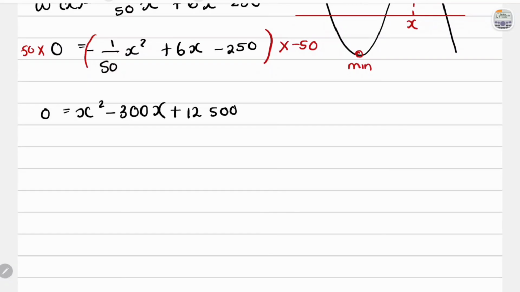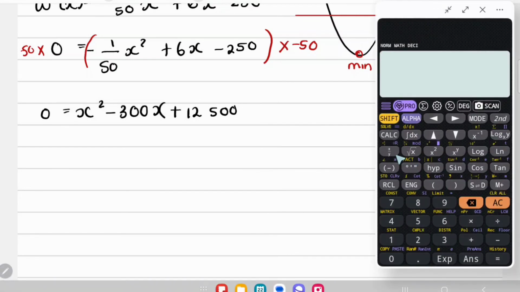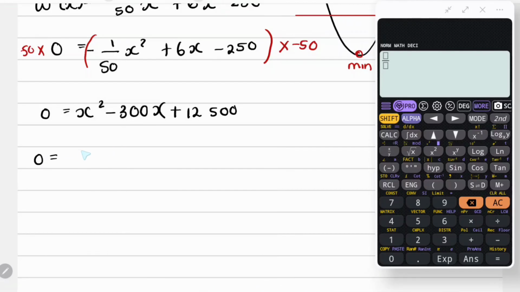Then we have to factorize this. But this looks long to factorize, so I'm going to use the quick method. With the quick method, you don't show them that you use the quadratic formula, but you still use it. We have 0 is equal to, and we're multiplying these two brackets. What times what gives you x squared? That's x times x. So now we just have to find the numbers.